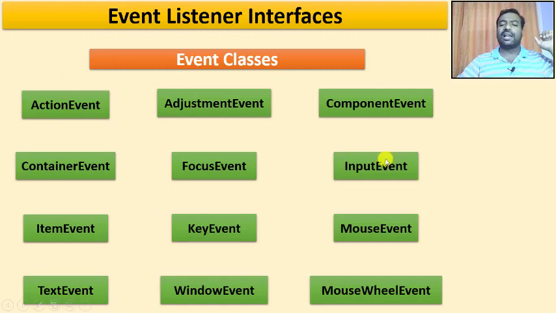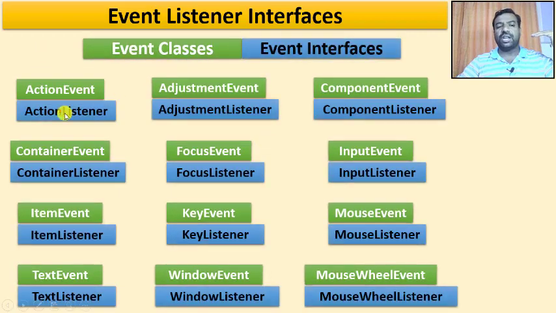Now, the classes we already discussed in the previous session, and the reason I have put them here again, is that for any event you take, an event class has been defined, and when there is an event, there should be an appropriate event listener.